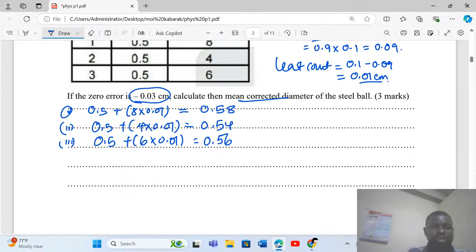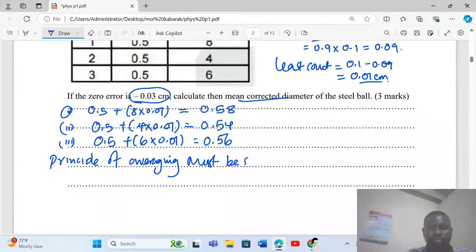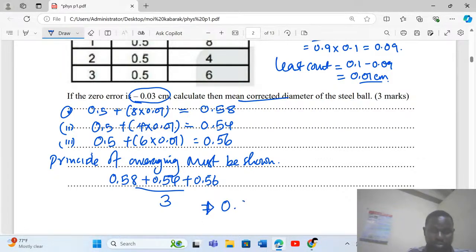The moment you are getting the average, then the principle of averaging must be shown. Therefore, 0.58 plus 0.54 plus 0.56, then you divide by 3, you get 0.56 centimeters.